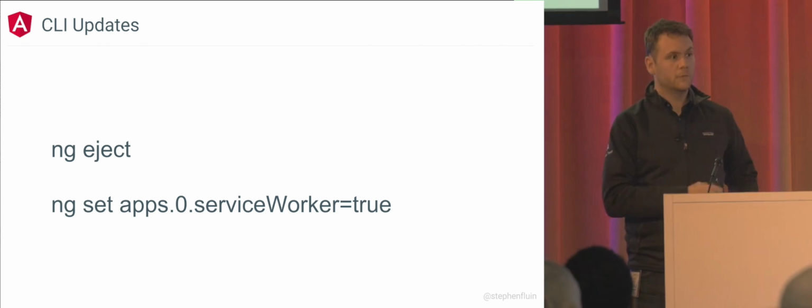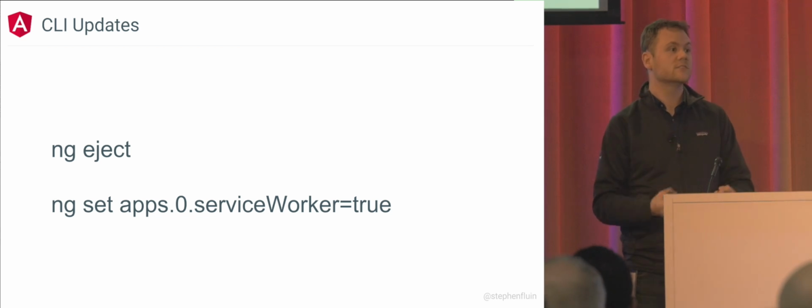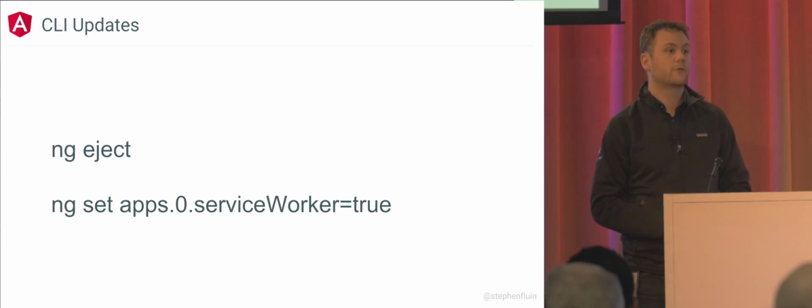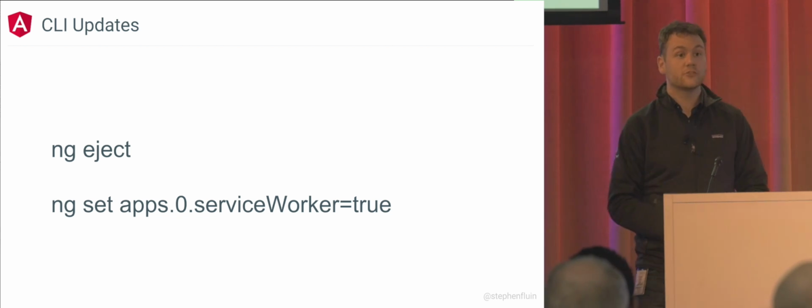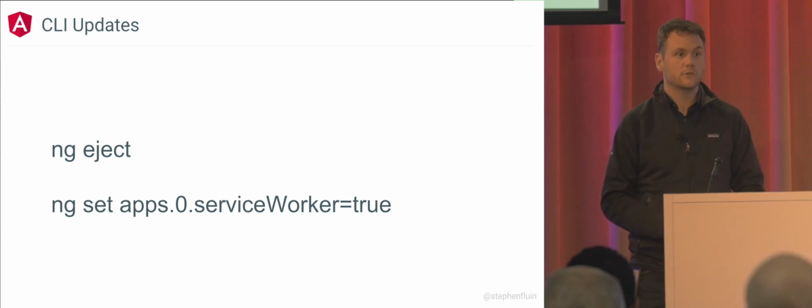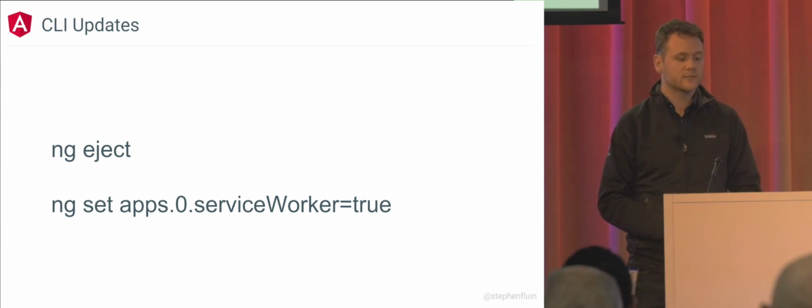The service worker then gets shipped with your application and installed when the user first visits the website, and anytime a request comes in for one of those files, we can serve it instantly. So there can also be a very ginormous performance improvement if you're loading the application the second or third time, in addition to those offline capabilities. This is a very exciting time for the CLI and for service workers.